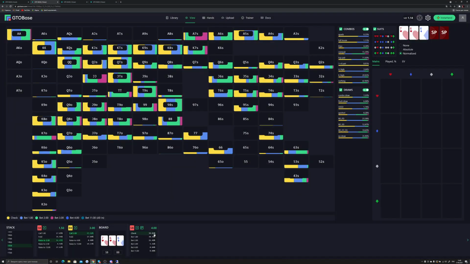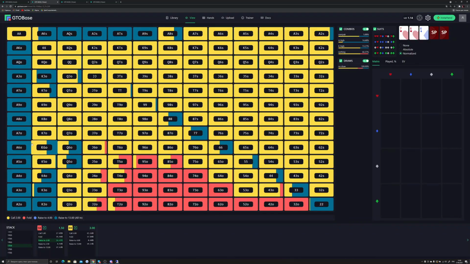So if you go with 7 6 6, we actually check a lot, because we lack 6x combos, and in terms of trips, our opponent's way ahead. He has pretty much all the offsuit 6s from 6-4 to King 6. I think King 6 is a call. Well, it's a mix between calling and shoving.